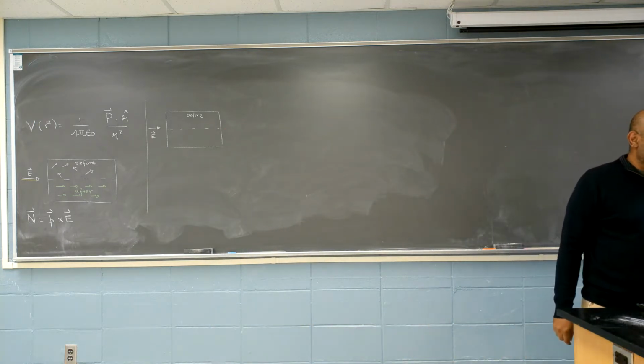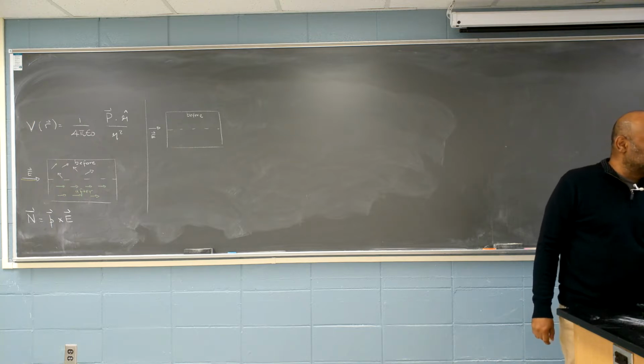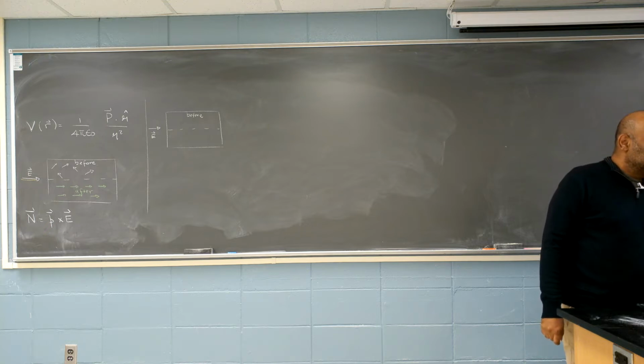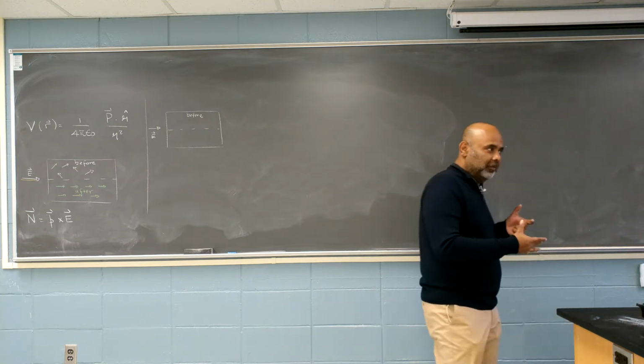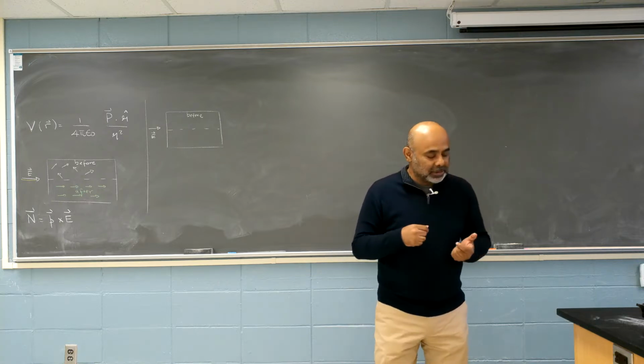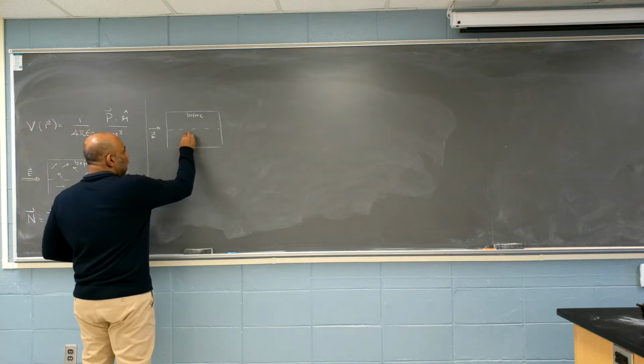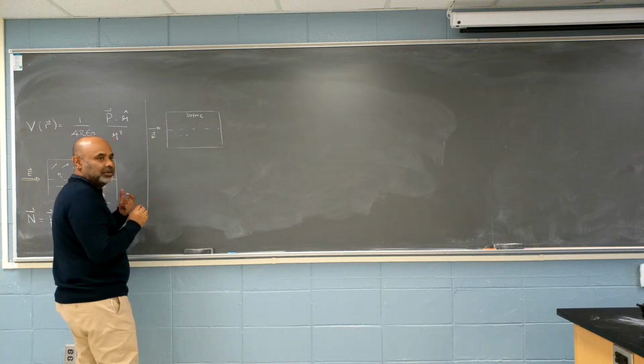In every molecule, the positive charges feel a force in the direction of the electric field. The negative electron cloud feels an average force in the direction opposing the electric field. As a result, what's going to happen? You're going to have this sort of a positive, negative charge separation.